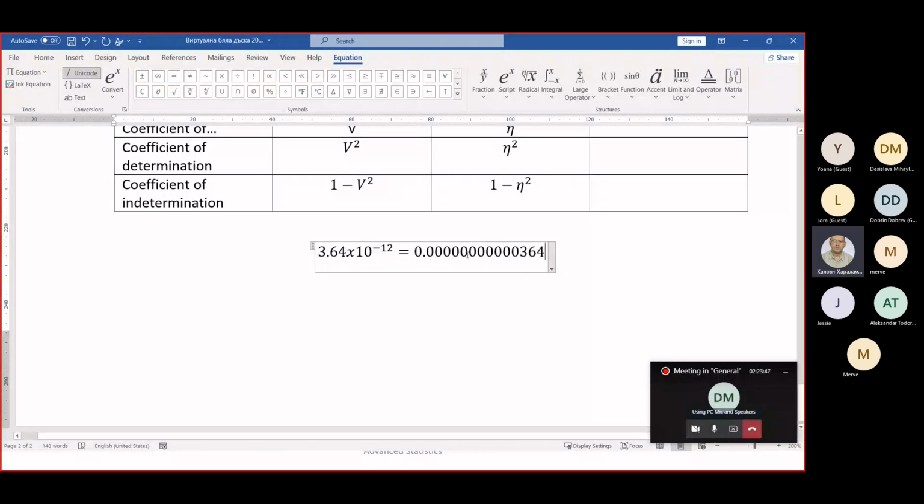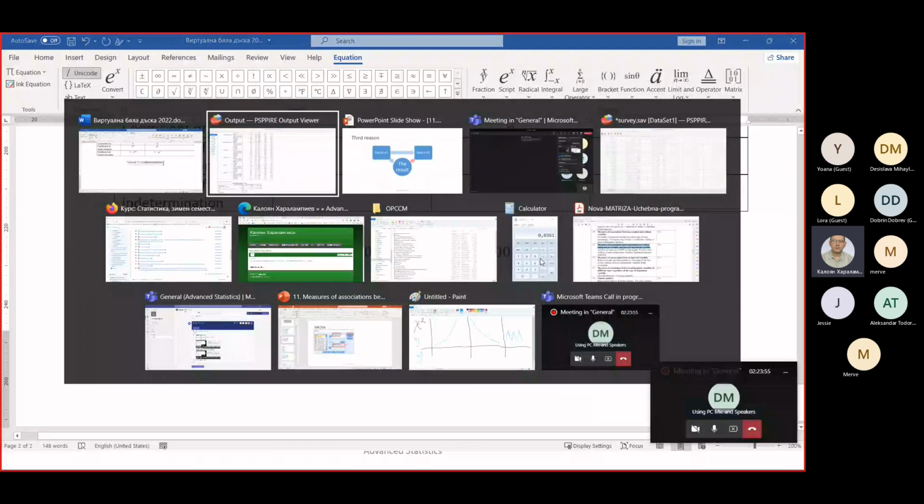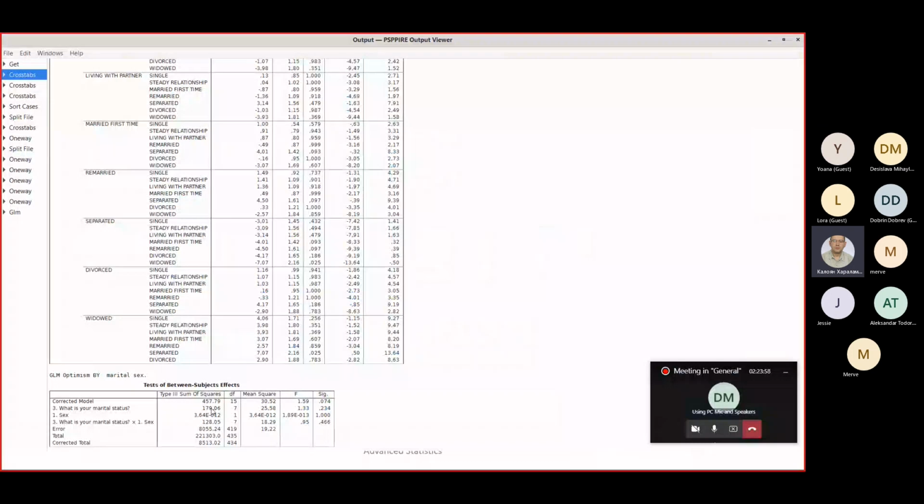So this number is smaller than 179.06. So if there was interaction between the factors, then we had to remove first sex, because the value in this column, type 3 sum of squares, is lowest.